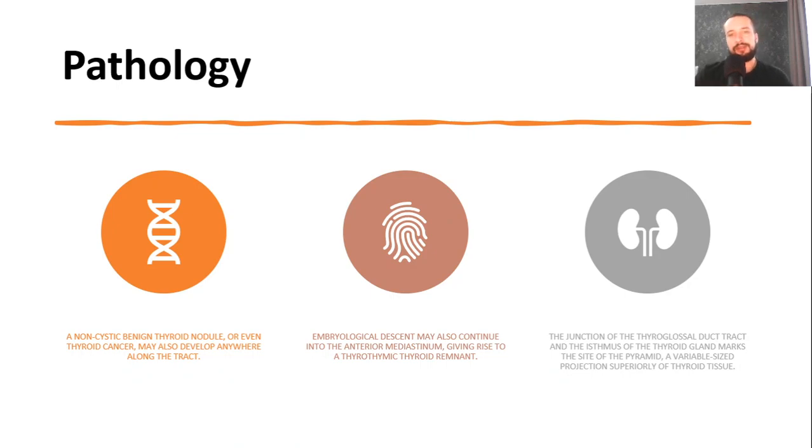Embryological descent may also continue into the anterior mediastinum, giving rise to a thyrothymic thyroid remnant. The junction of the thyroglossal duct tract and the isthmus of the thyroid gland marks the site of the pyramid, a variable-sized projection superiorly of thyroid tissue.